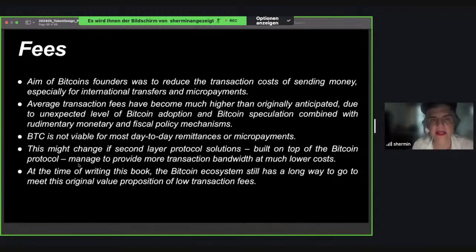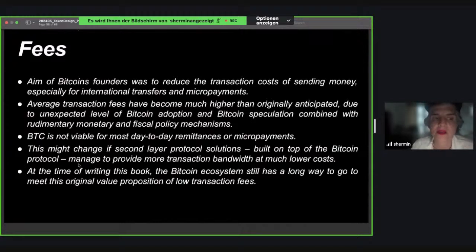Fees. This is a bit unfortunate as well. The aim of Bitcoin's founders was to reduce the transaction cost of sending money, especially for international transfers and for micropayments. This was true in the beginning, but right now the average transaction fee is very, very high, much higher than originally anticipated.